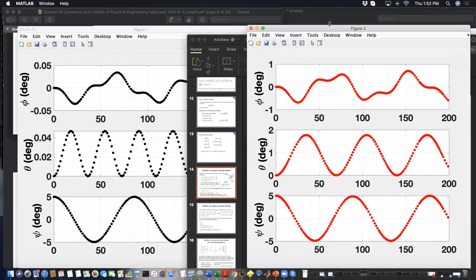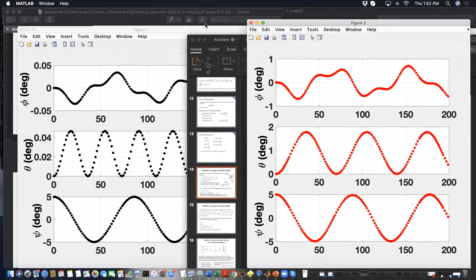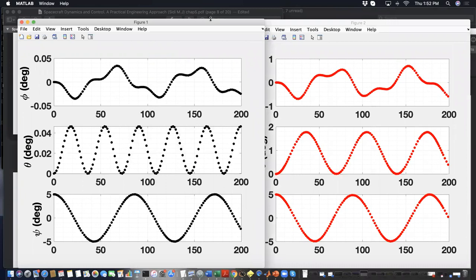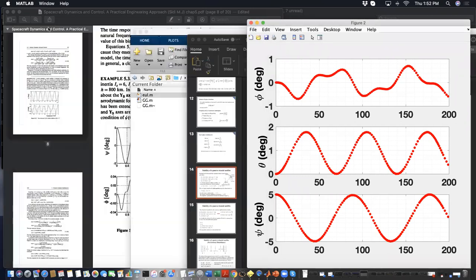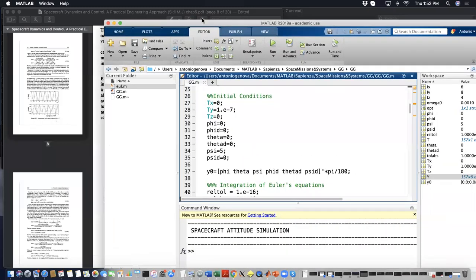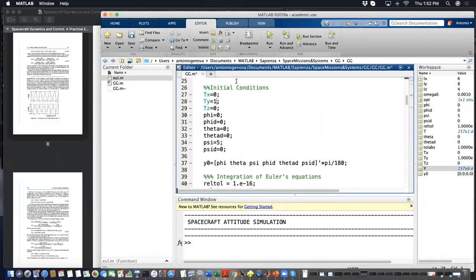So now we are looking at the stability of the system, whether you have no perturbation or if you have perturbation. The criticality of this system is important. The other case, for example, is if you have a torque in the roll direction.